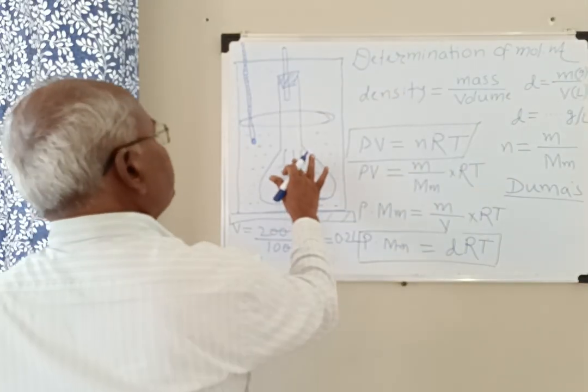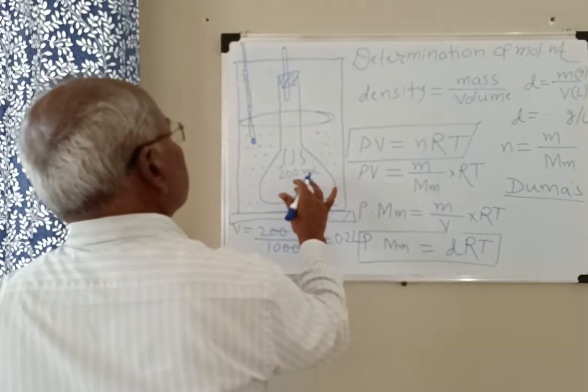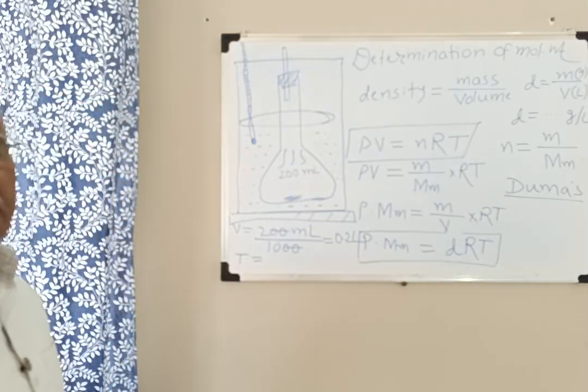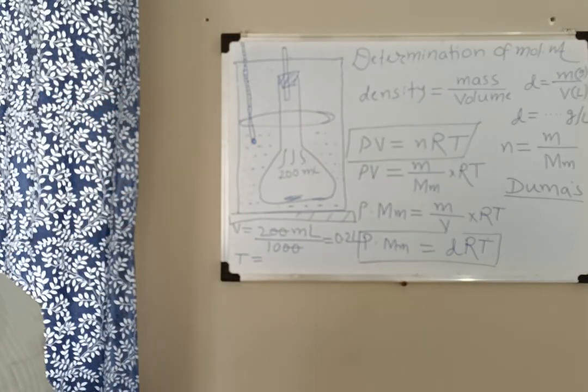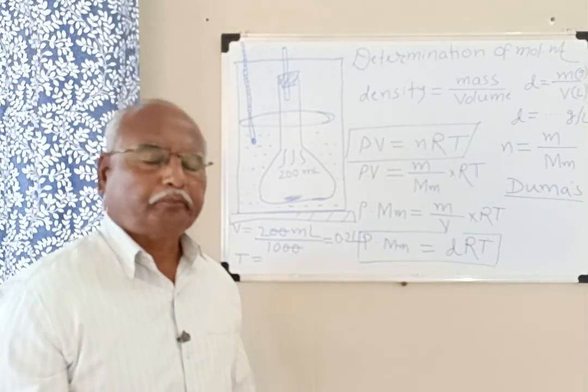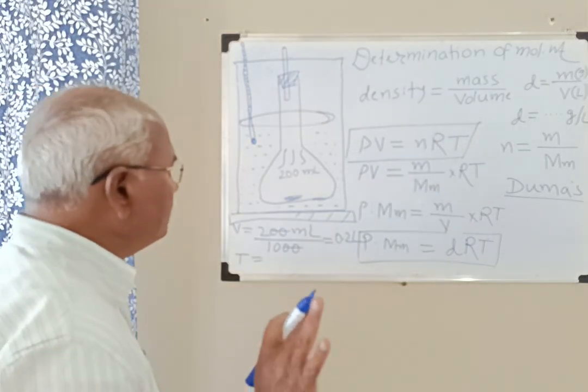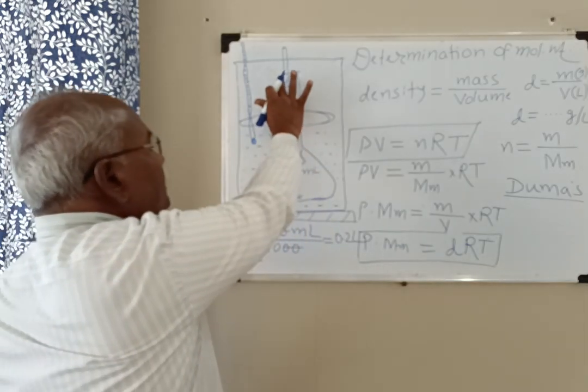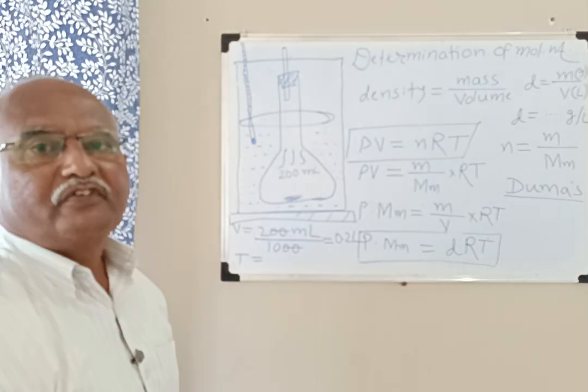When it is converted into vapor state, the flask is completely filled with vapor. Now some vapors escape.